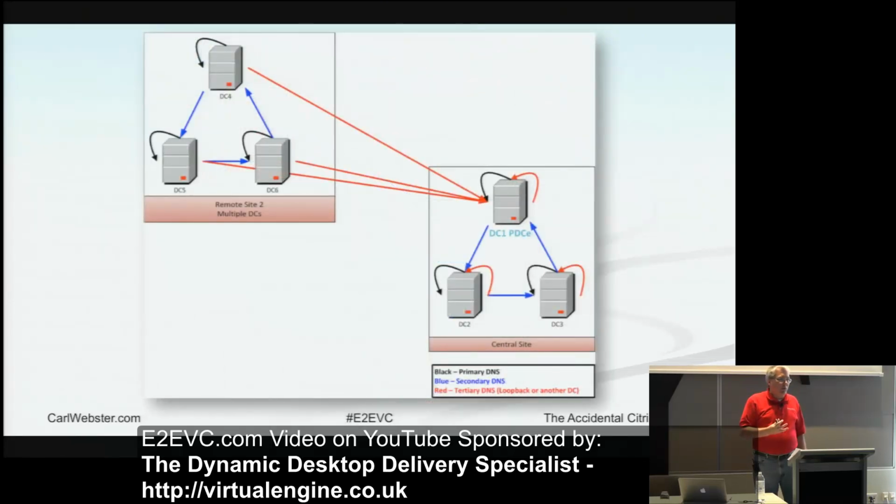Because if you don't, then KCC goes crazy, replication goes crazy, and if you try to run DC diag in an environment like the previous slide, where we had a remote site and we removed the domain controller, DC diag will take hours to run because it tries to read each group policy off that domain controller, and it can't, and it will time out on every group policy. It will time out on every test. So DC diag can take hours to run.